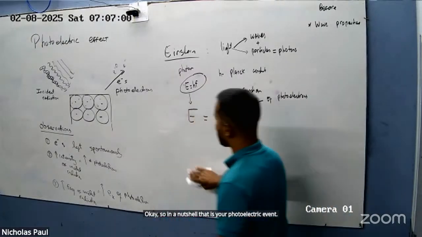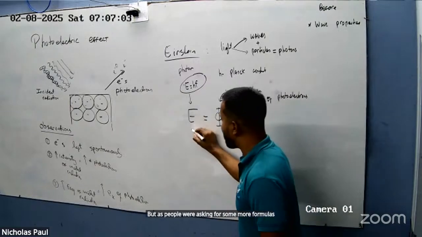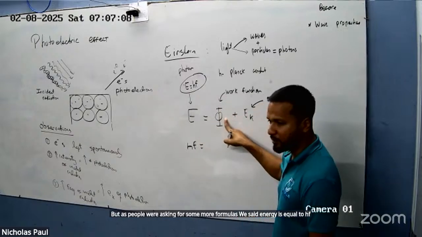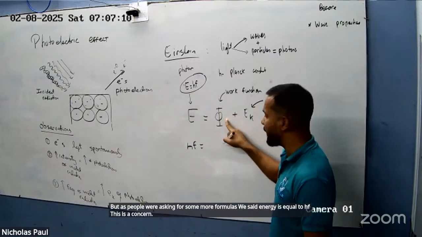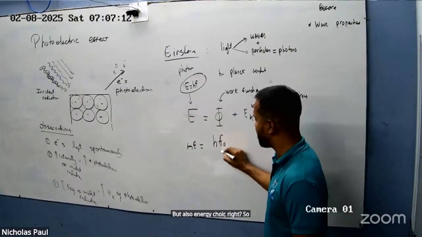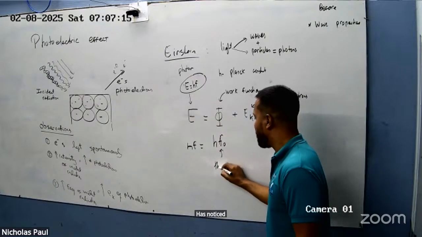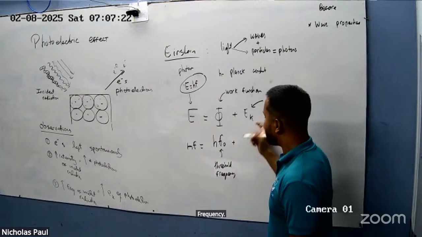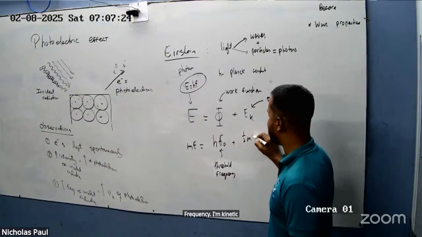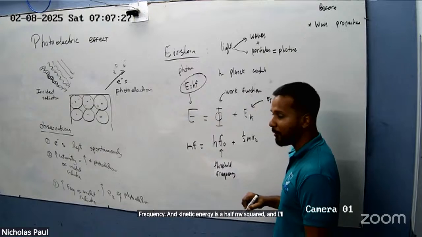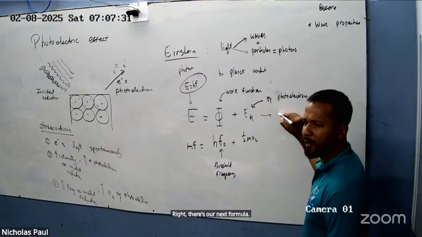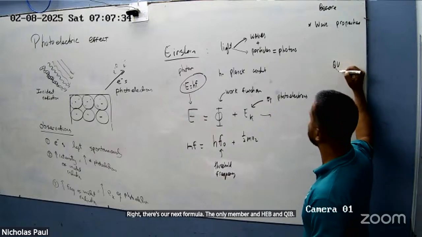But as people were asking for some more formulas, we said energy is equal to HF. H is a constant, but also the energy required is HF naught. F naught is what we call your threshold frequency, right? And kinetic energy is half mv squared, and I'll show you the next formula why. You all remember energy being Q times V?